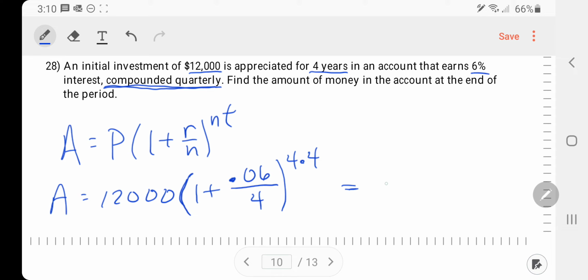And that's going to be 15,227 and 83, if we round it, 83 cents.